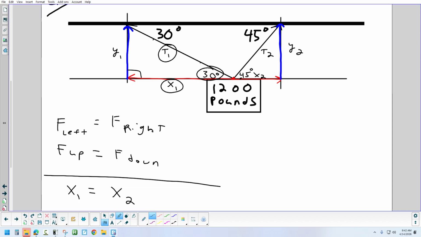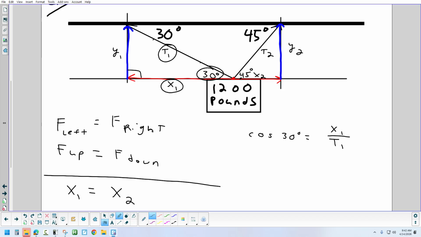Any horizontal force is always going to use a cosine. Verticals are always going to use sine, just like velocity. So cosine of your angle equals adjacent over hypotenuse, and the hypotenuse is T1, which stands for tension in cable 1.